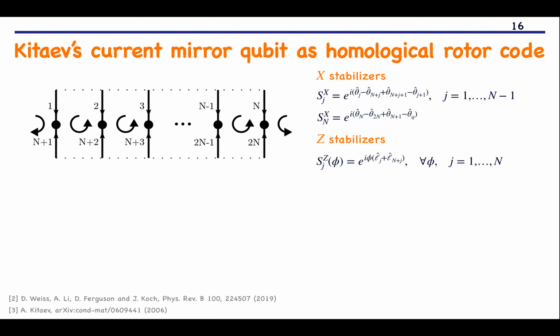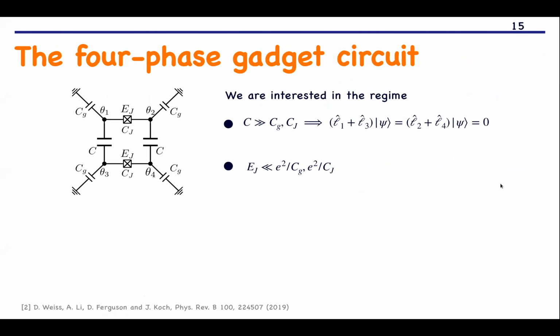I was curious about this fourth phase gadget you called it, which looks like a pretty simple circuit, and you're saying it's already a non-trivial code. Would it be good for something? Should we turn it into a qubit? You mean only this? Yeah. Well, it's not really a code alone. I discussed it in this perturbative version, but if you don't take the perturbative limit, technically speaking you should set C_j equal to 0.